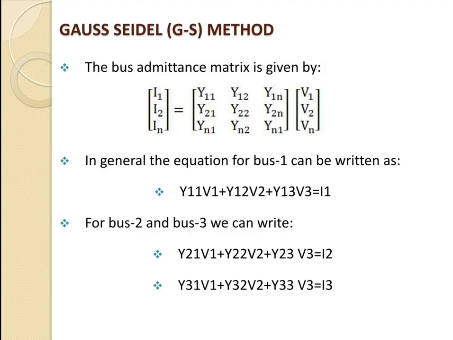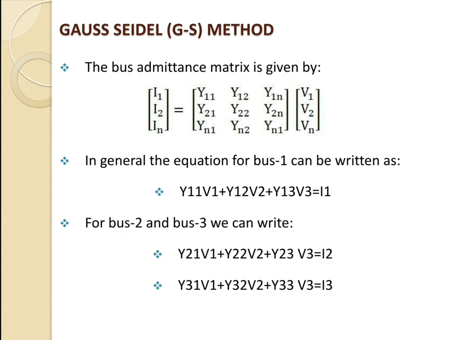Same way for bus number 2, Y21 V1 + Y22 V2 + Y23 V3 = I2. And same way we write the equation for bus number 3, Y31 V1 + Y32 V2 + Y33 V3 = I3.